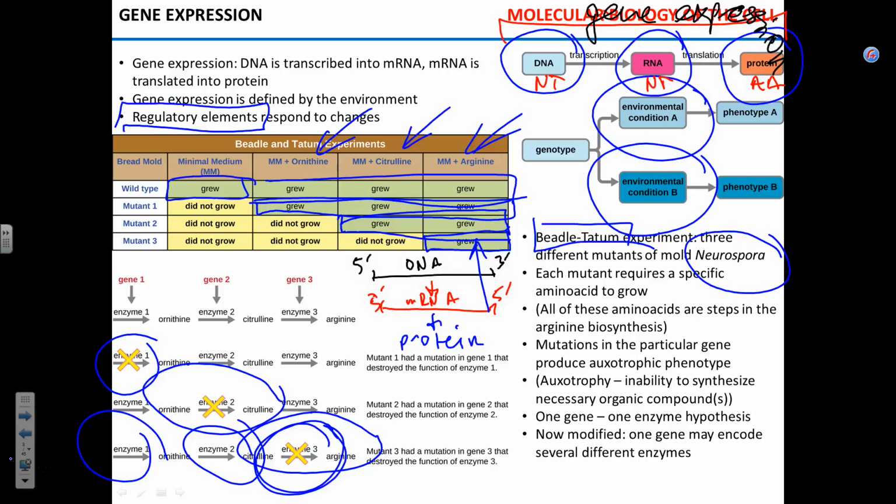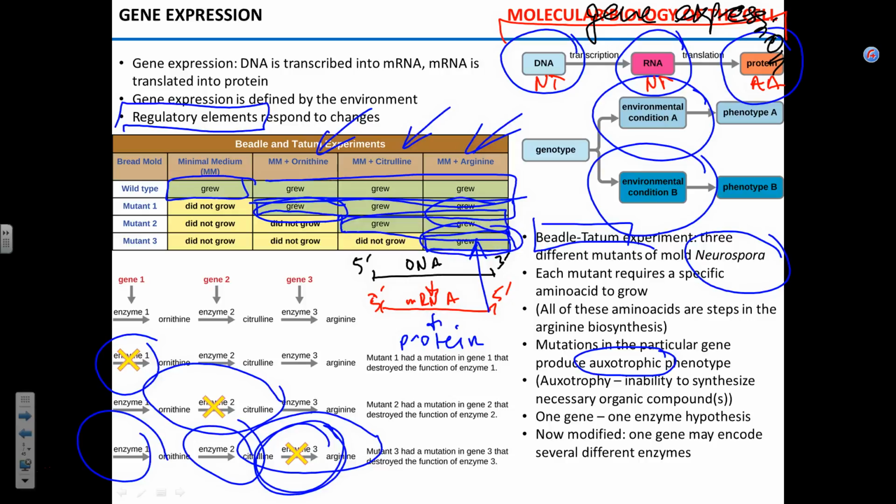One term that I forgot to introduce to you while we talk about this is the term auxotrophic. An auxotrophic microbe means the microbe that requires a certain nutrient to grow. Does that make sense? So for instance, this is the auxotrophic microbe that requires what? Ornithine or citrulline or arginine. So it needs at least ornithine.